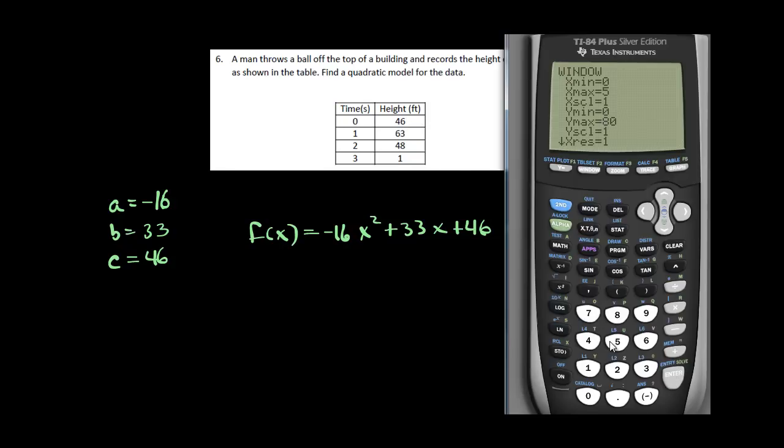And we'll go up by 5. And that will be good. So let's hit graph. We should have a good picture of the graph now, of the height. So when time was 0, the height was 46. When the time was 3, the height is 1, so on and so forth.